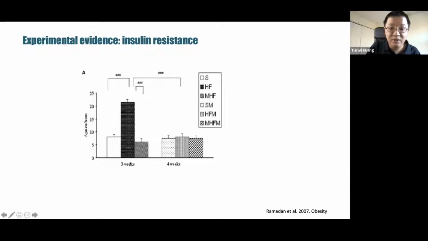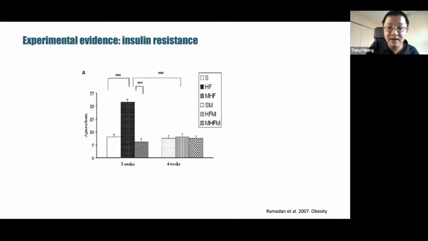You can see after 3 weeks of treatment, there is a substantial increase in apnea events among the group receiving a high fat diet. But for the group that received both metformin and high fat diet, there's no increase in the apnea events. The apnea incidence is very comparable to the group receiving standard diet. This suggests that a high-fat diet can induce sleep apnea, and potentially metformin can counteract this effect.